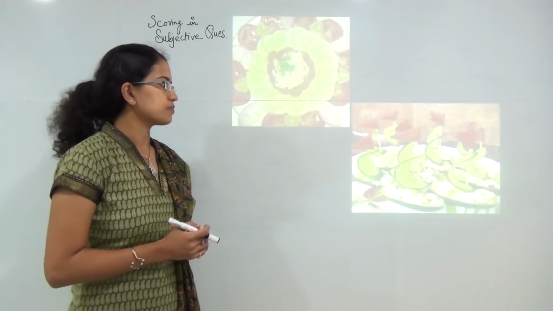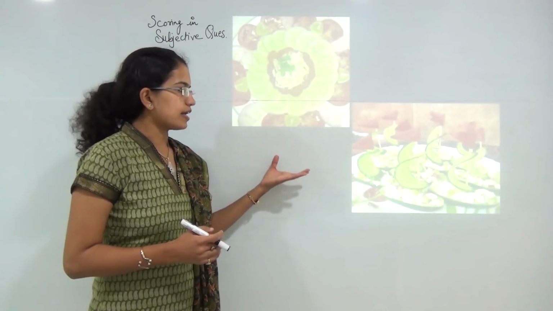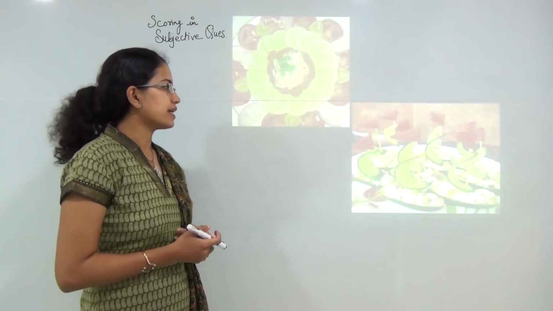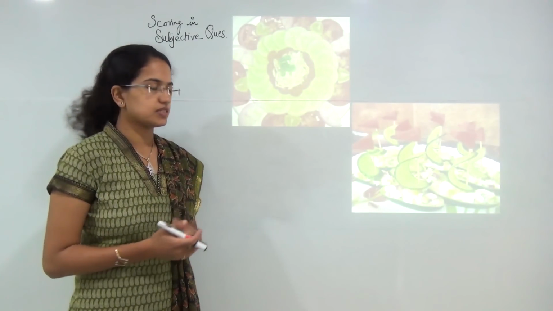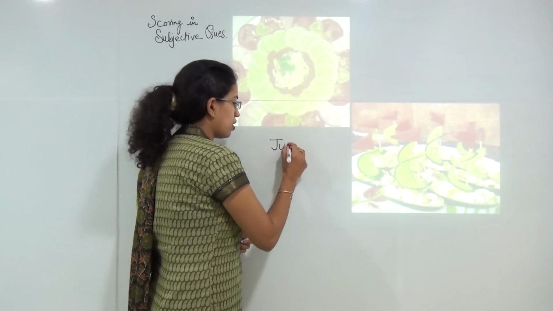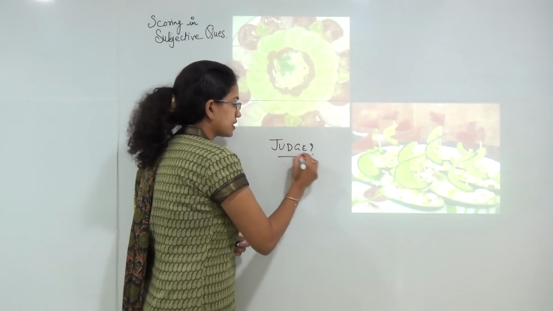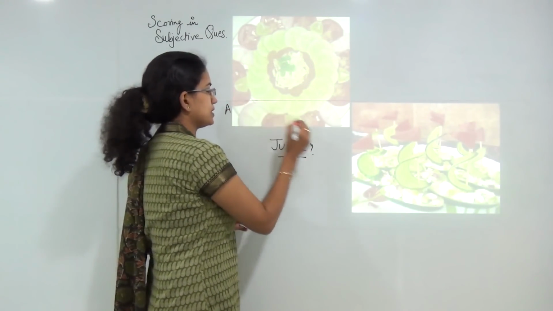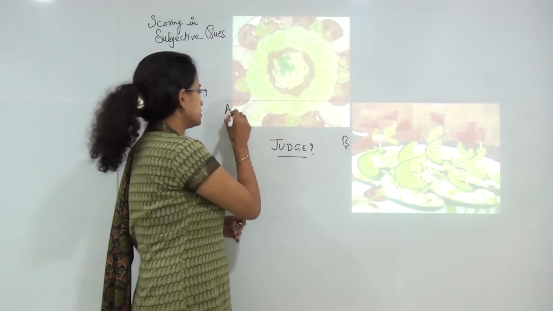Now, you must be wondering how this diagram helps in understanding how to score better in subjective examinations. But consider yourselves to be a judge of a competition for silent decoration. There are two students, A and B, who are presenting their ideas.